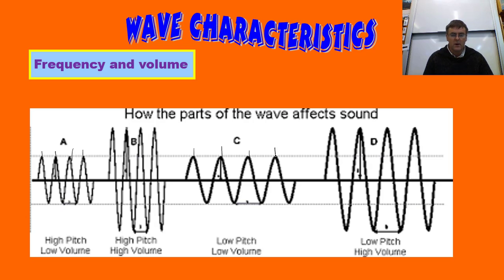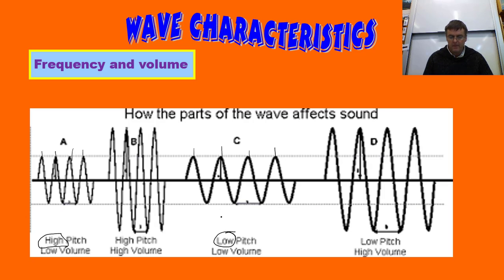So the frequency has changed. That equates to the pitch of the noise. So wave A is a high pitched noise, your high squeaking, and this is low, so that's your deeper voices or deeper, lower sounds.